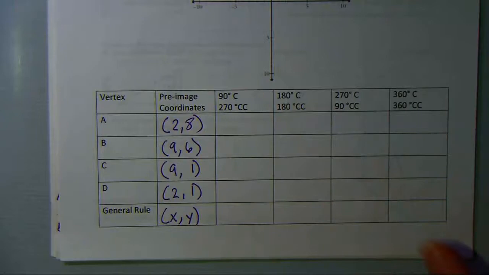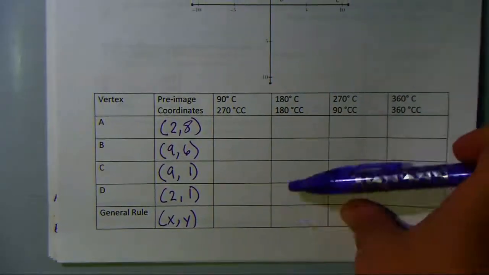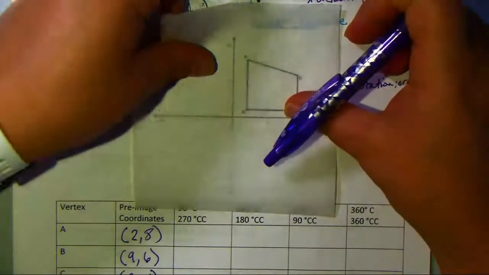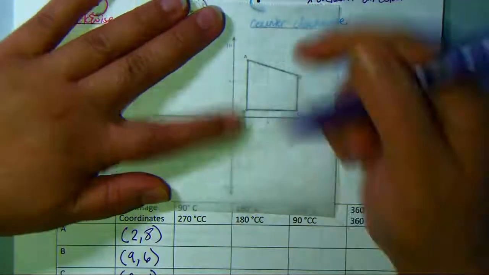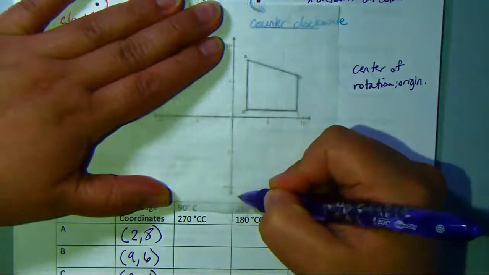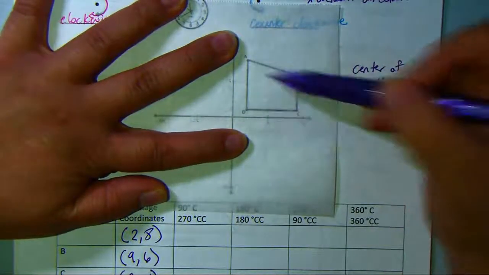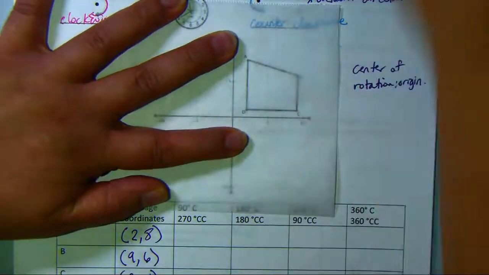We're going to take a moment and trace your X and Y axes and your quadrilateral here, marking the points clearly.